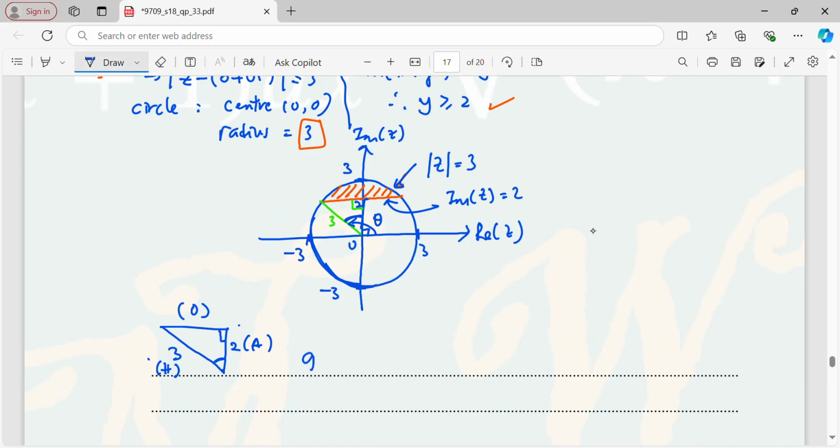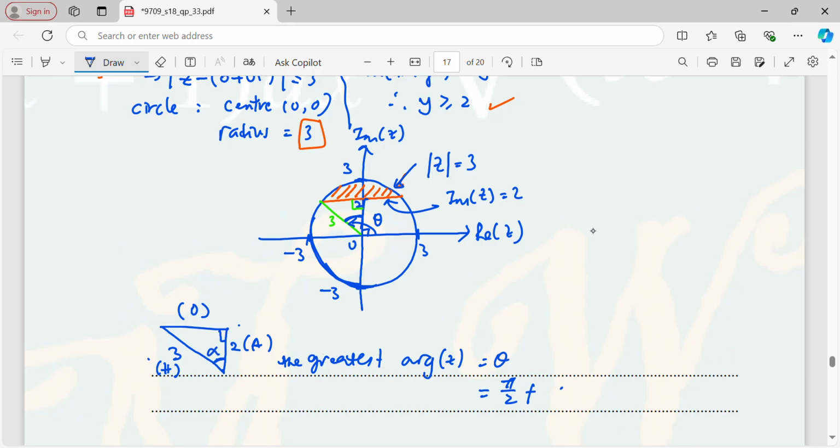So I will say greatest argument is equal to theta, which is same as pi over 2 plus. Now look at here. This value will be alpha.